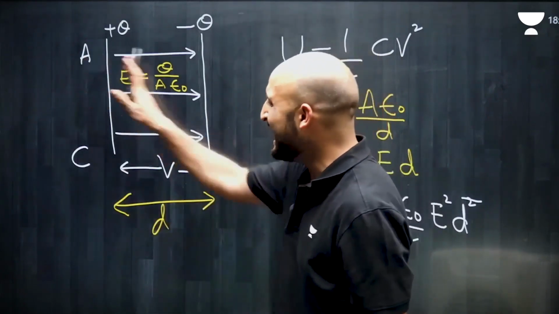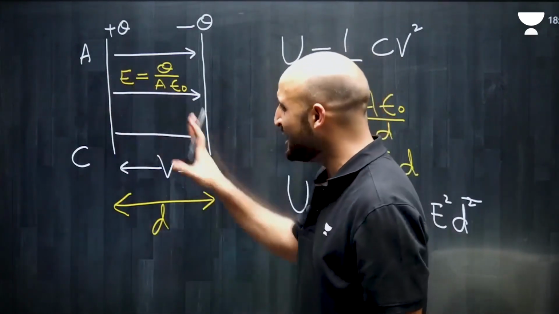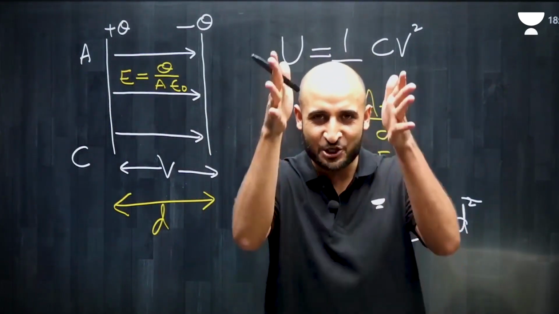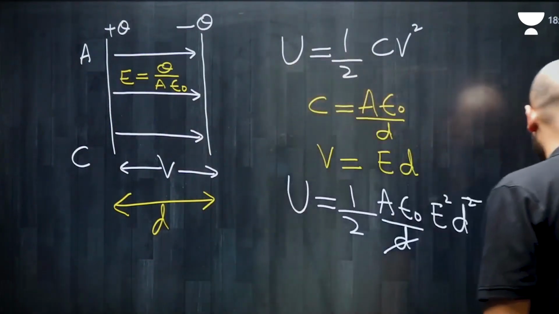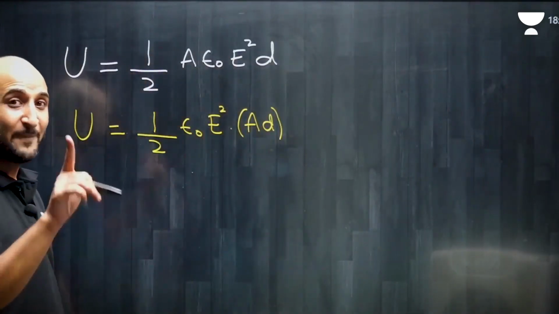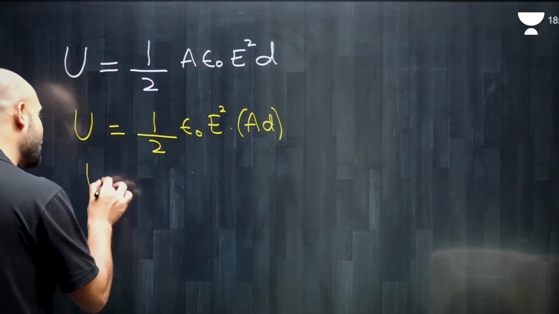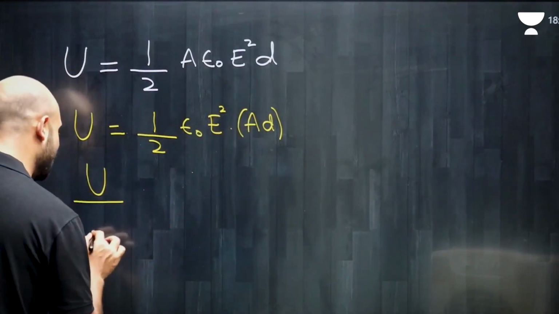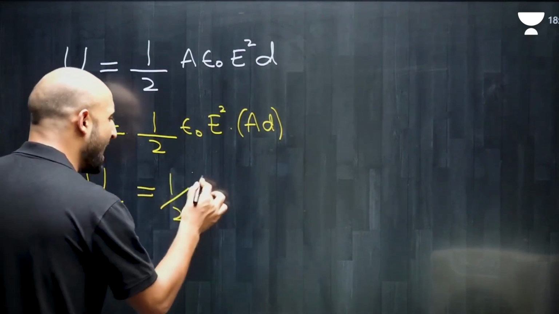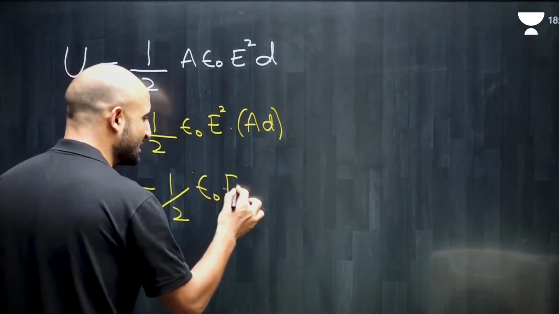So A into D is the volume of the parallel plate capacitor. I will take this A into D here, and that's equal to 1 by 2 epsilon naught into E square.